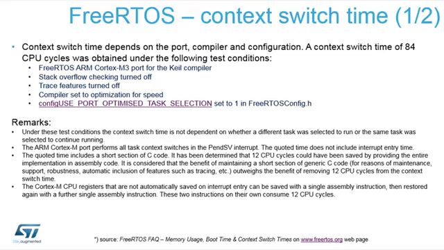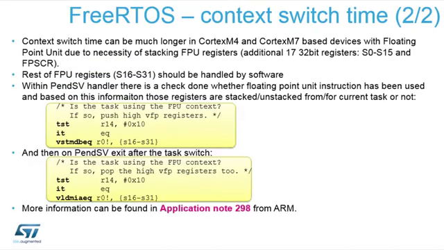And there was also the macro port optimized task selection enabled. With these compilation setups, the task switch was measured, and it was also measured using Cortex-M4 and M7, which guarantees that the floating point registers are stored in the TCB and restored.